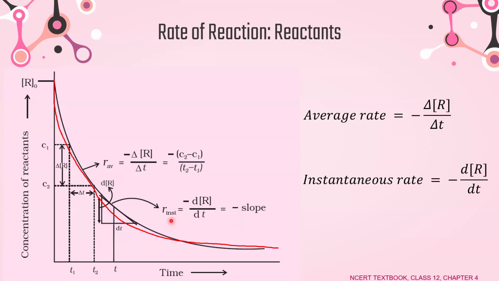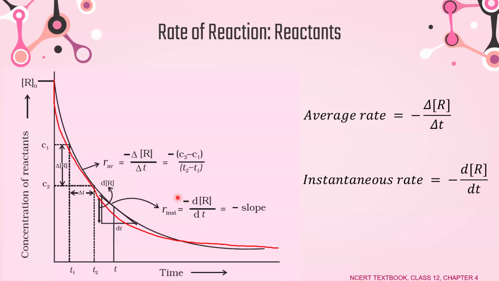So that is basically the speed at that particular moment. Over here also in the reactions, the rate of reaction at a particular moment we are going to call the instantaneous rate. So the change at this particular moment with respect to that particular time is basically the instantaneous rate.